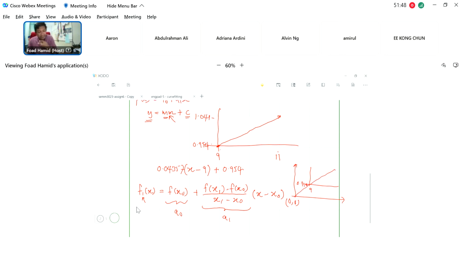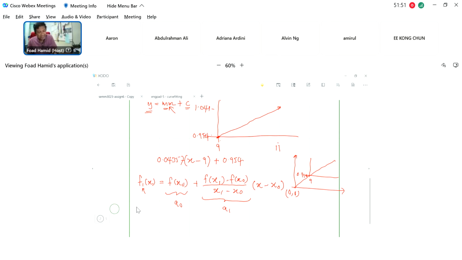Now if you use this formula, what is my estimated value of log 10?